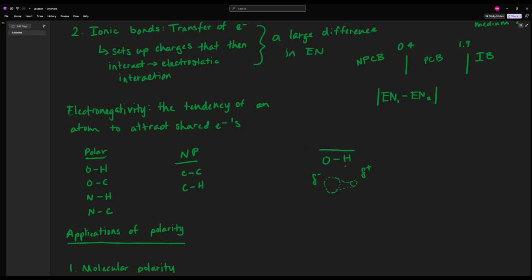How to do this? You draw a line above or below, with an arrow going to the side where the electrons are going, so in the direction of the electron movement, and on the side where you would expect the partial positive, you add a little positive. That is dipole notation.